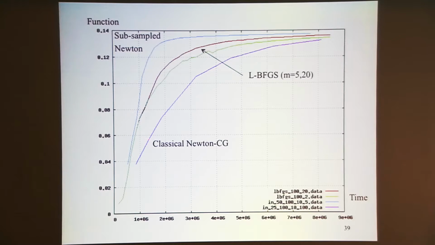OK, so this subsample Newton method beats limited memory by some amount. But this behavior down here is not acceptable. They're starting almost in a similar way. I really want to have even batch optimization methods that start as fast as stochastic gradient. Why does it take so long? Because I'm taking a lot of time to evaluate the gradient, right?